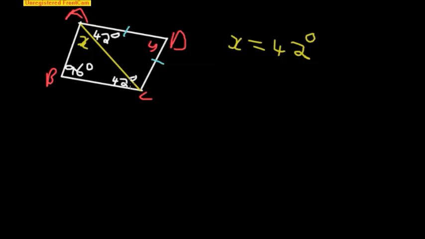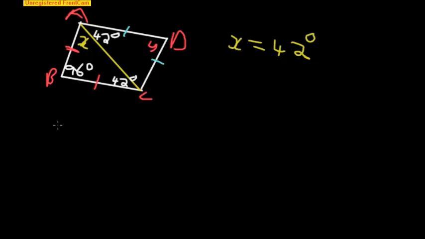So the side opposite angle 42 is side AB, and the side opposite x, which we know is also 42, is BC. So therefore AB and BC have the same length. We also see that we have an angle B that's 96 degrees, which is more than 90 degrees, which therefore is an indication that we work with an obtuse angle.